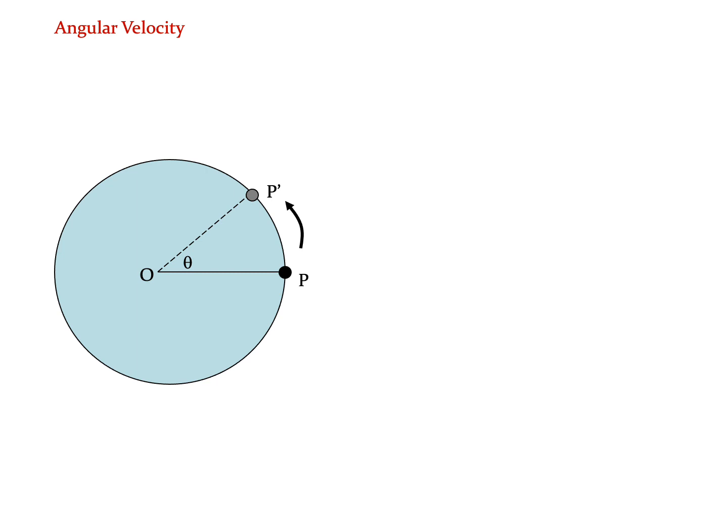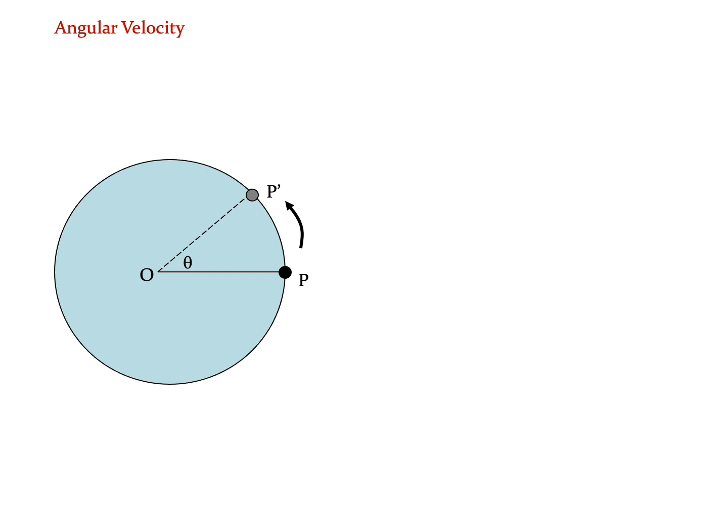Okay, so we have defined the angle in radians. Let's now move on and define angular velocity. So to do this, I want you to imagine a particle moving in a circle. You could imagine yourself on a merry-go-round going round in a circle. It's a similar sort of thing. This particle starts off at position P as shown.